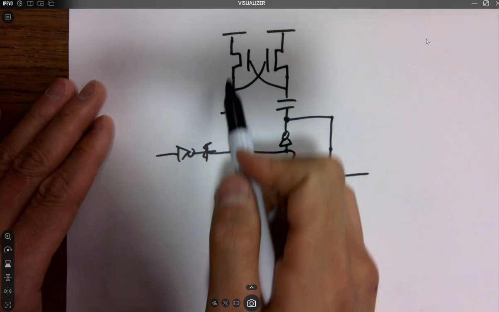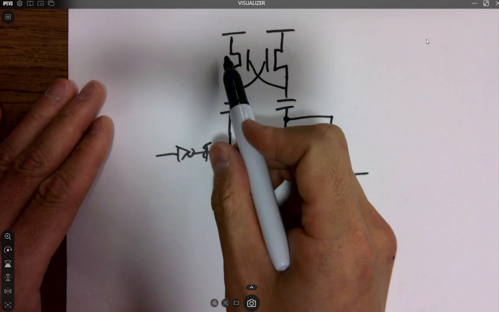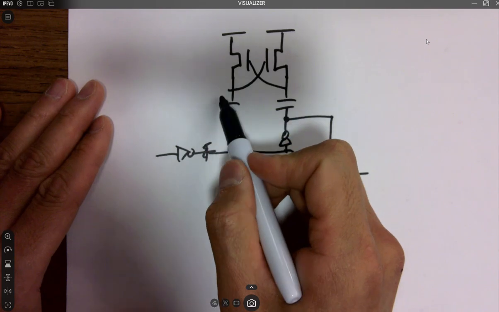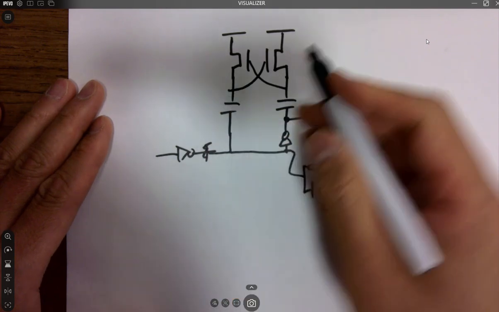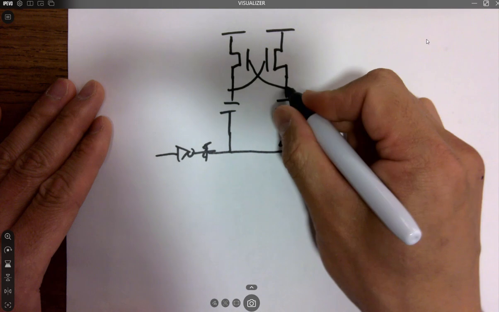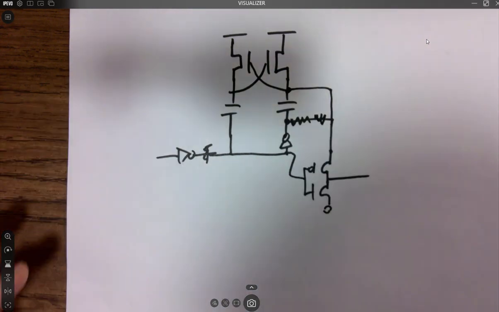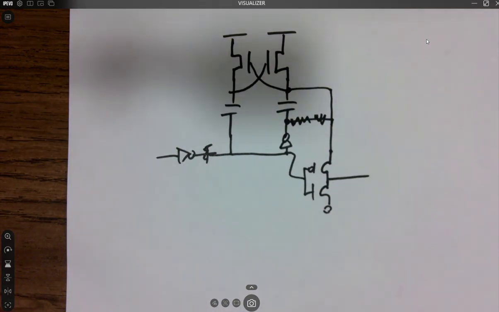So during the first cycle, you are getting VTHN loss for these points.